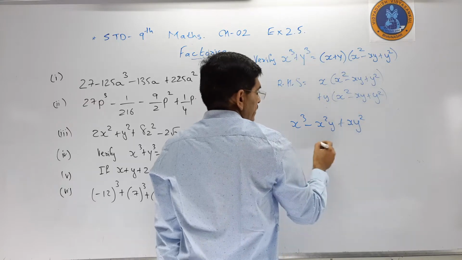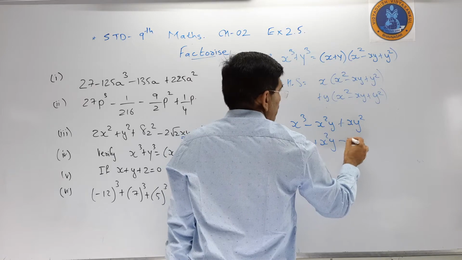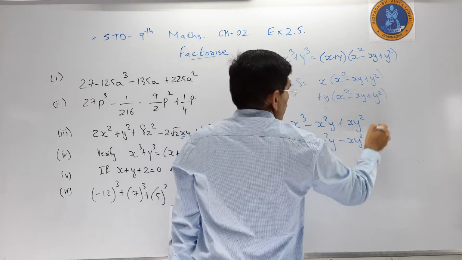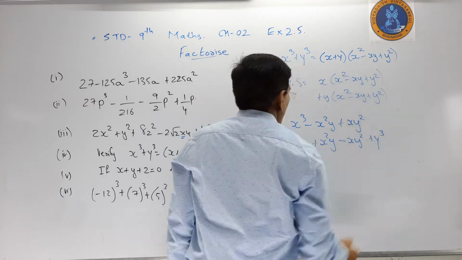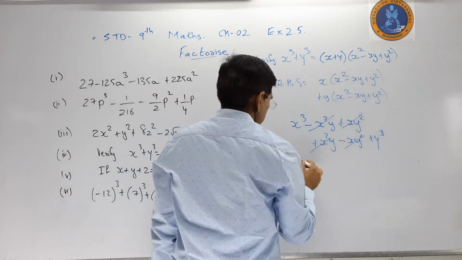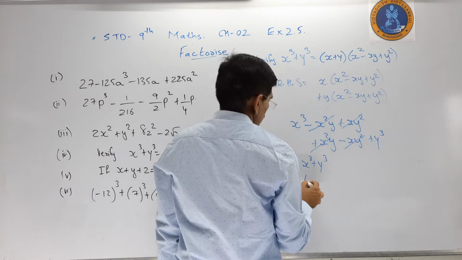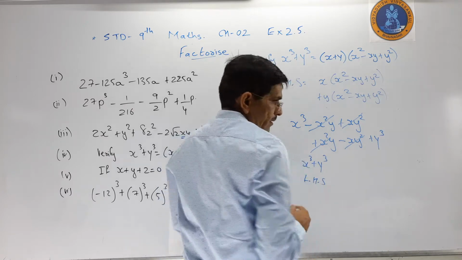Again plus x square y. Multiplying, minus xy square plus y cube. Now these two terms cancel. So x cube plus y cube is equal to the left hand side.